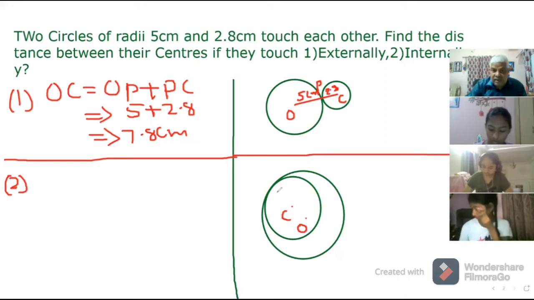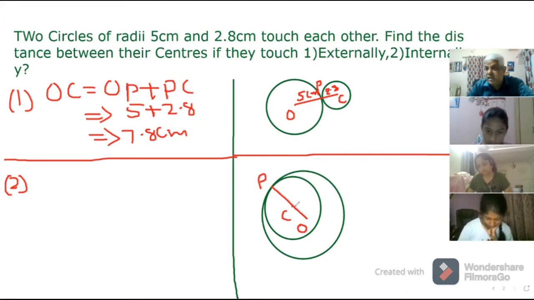Then both of them are joined together. Remember, my dear students, O is the center of the greater circle with radius 5 centimeter, and C is the center of the smaller circle with radius 2.8 centimeter.